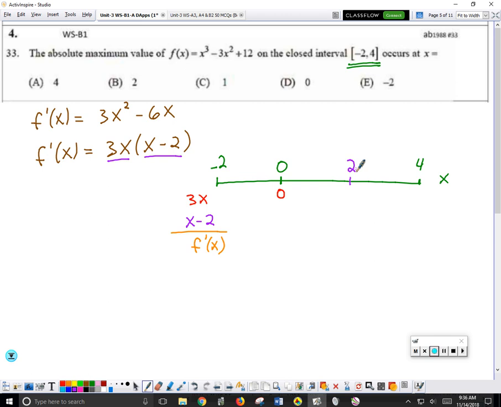So I don't want to put a 0 here. That makes no sense, because that's referring to what 3x is doing. I do want to put a 0 here, because x minus 2 is going to equal 0 when the x value is 2. 2 points. That's how the chart is read. So this line in the chart only refers to 3x. This line in the chart only refers to x minus 2.